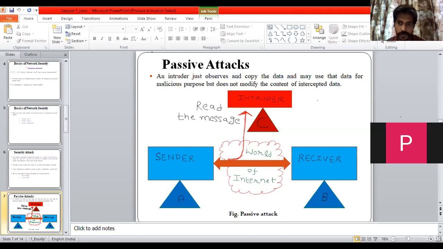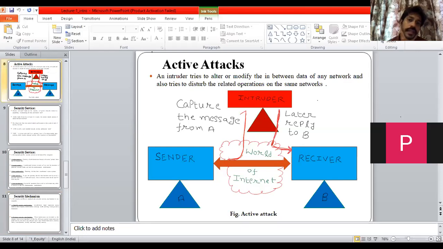If required, the intruder will pass the message later on, but that is not compulsory. So in a passive attack, you may consider that the intruder just copies or observes the sender's data. So this is a passive attack.